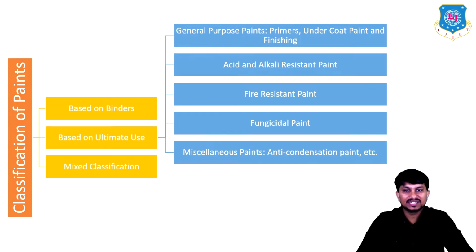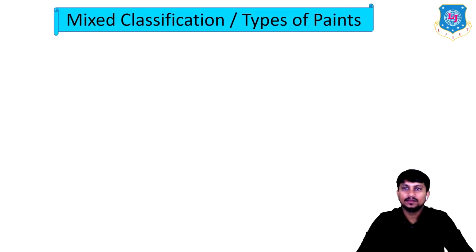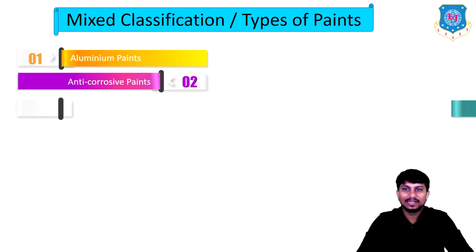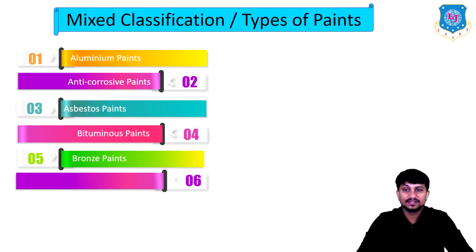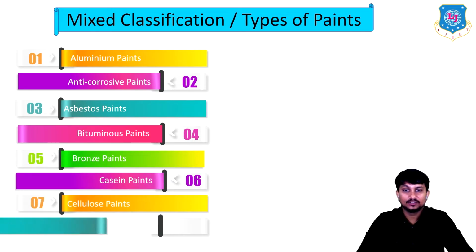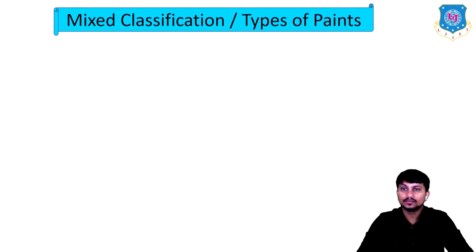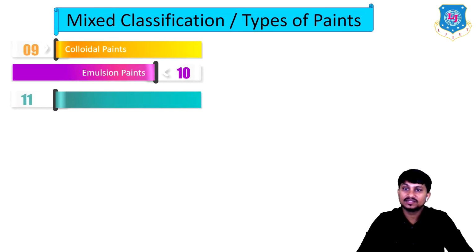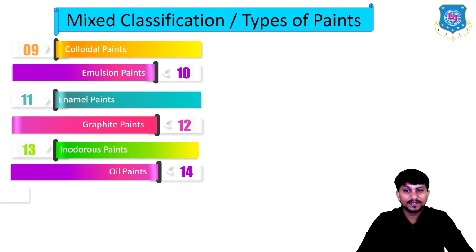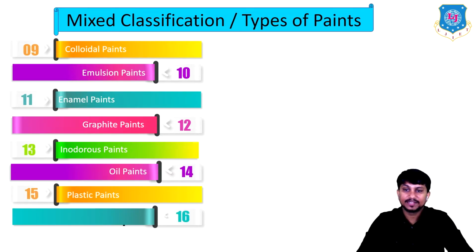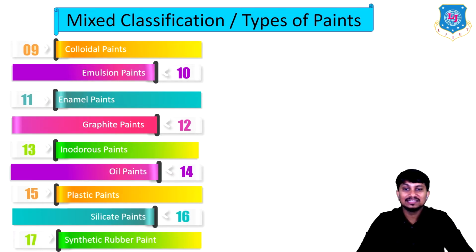In mixed classification, there are various types of paints. Like first is aluminum paints, then anti-corrosive paint, then asbestos paint, bituminous paints, bronze paints, casein paints, cellulose paints, cement-based paint, then colloidal paints, then emulsion paints, enamel paints, graphite paints, indoors paints, oil paints, plastic paints, silicate paints, and synthetic rubber paints.